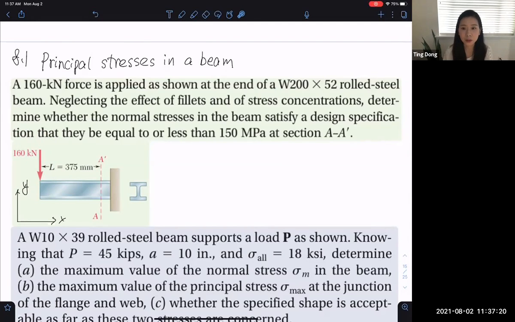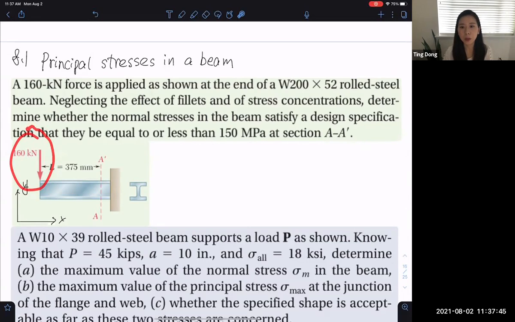So of course, after we learn this chapter, when we see this type of problem, we cannot just see it separately, as just bending. No, it also has a transverse shear, right? So we always need to consider everything together. For any force applied in this way, it causes bending and it causes transverse shear.